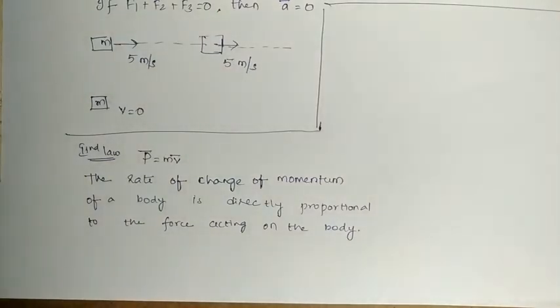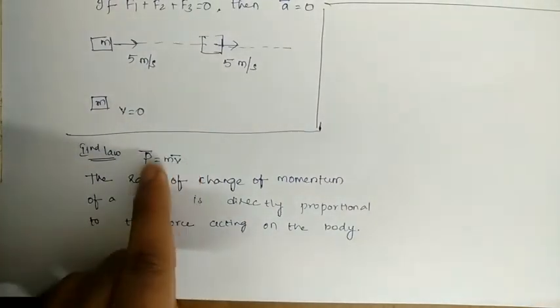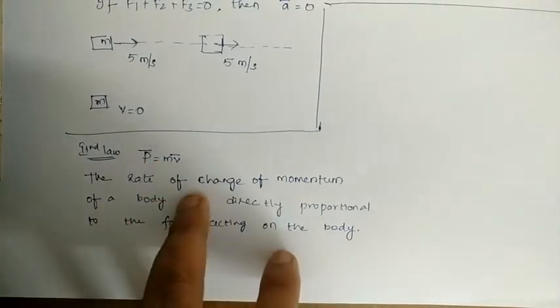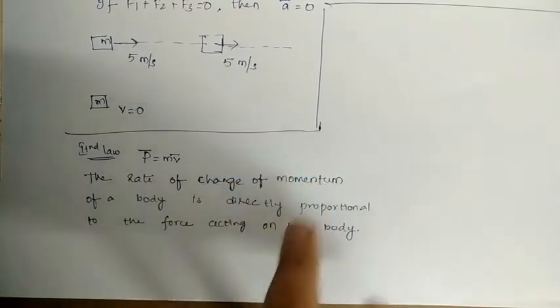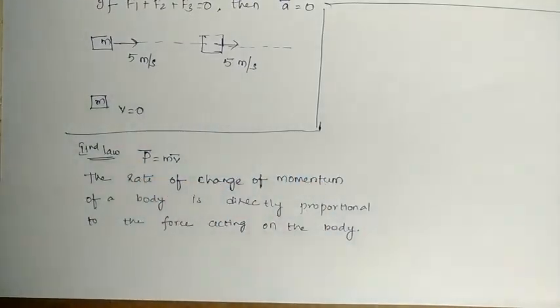So when there is some net force acting on a body, there will be some acceleration on the body. When there is acceleration, the velocity of the body changes. The change in velocity of the body leads to a change in momentum. So this is how the momentum change is connected to the force. So we define that the rate of change of momentum is directly proportional to the force acting on the body.